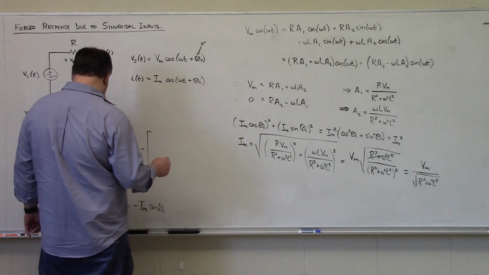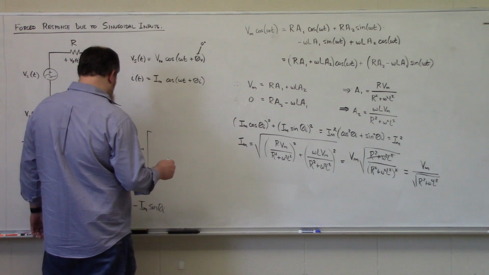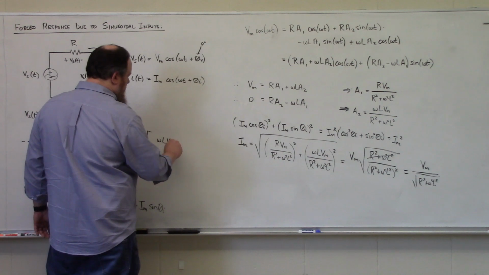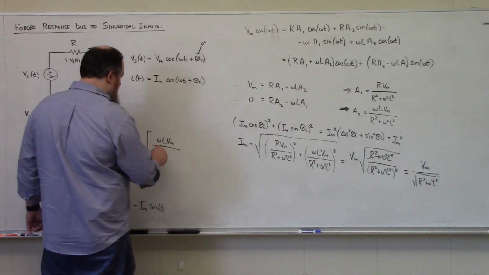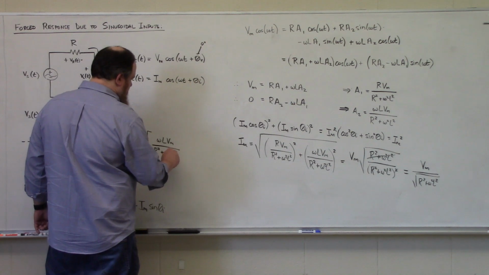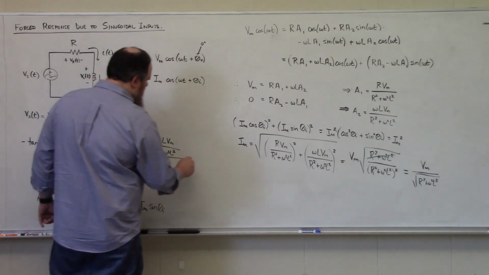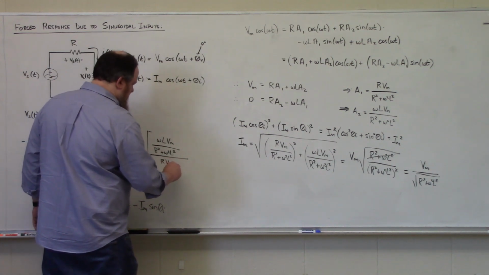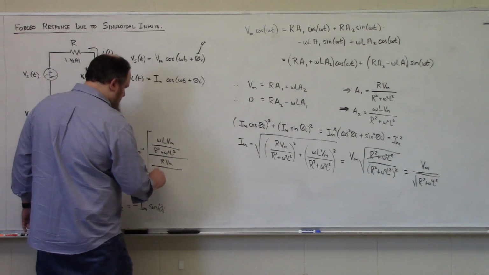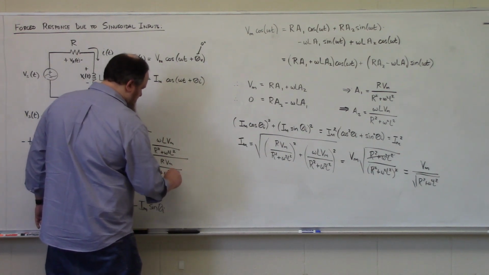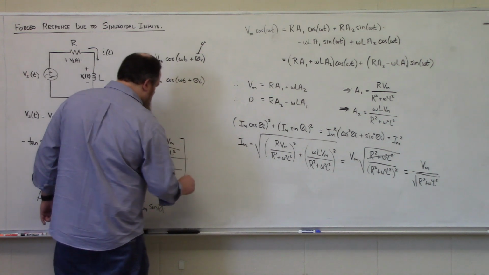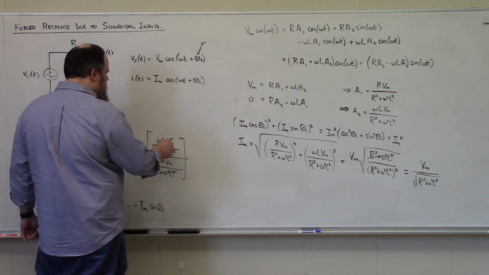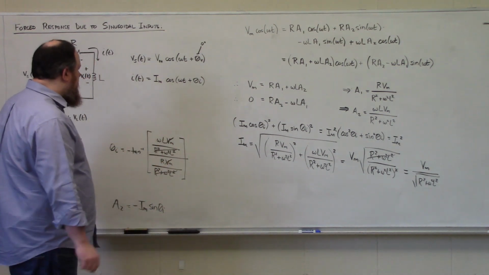So A2 is omega L Vm divided by R squared plus omega squared L squared, divided by A1, R Vm divided by R squared plus omega squared L squared. We can see that there's a common denominator here that's going to cancel out. And then in the numerator, there's a common factor of Vm.